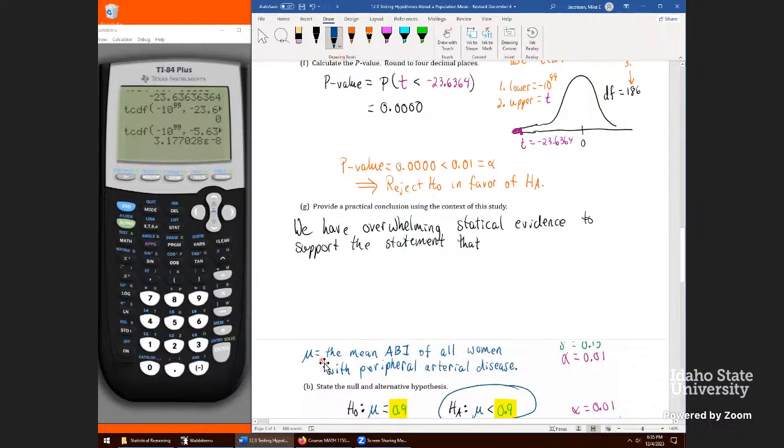So we just read out mu, the mean ABI of all women with peripheral arterial disease.